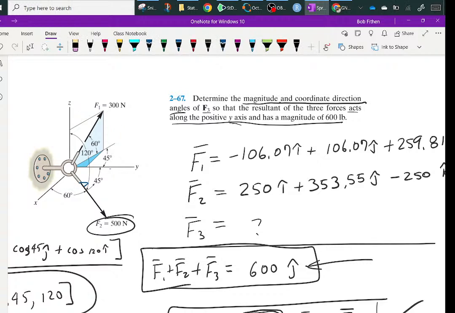Now let's see if there's common sense that can be gathered here. Let's see about the X component. Well, the X component I got from F2 and F1.